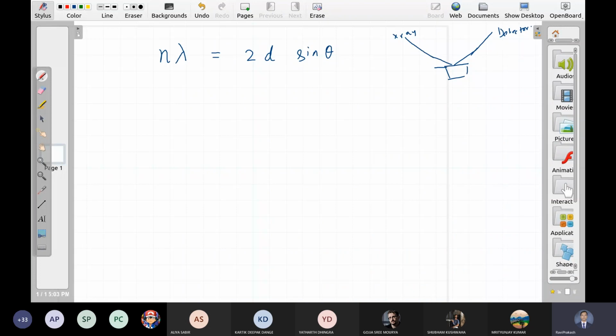This angle is theta, this is also theta. Obviously this theta is with respect to some plane, some HKL plane, and this d is the corresponding interplanar spacing.